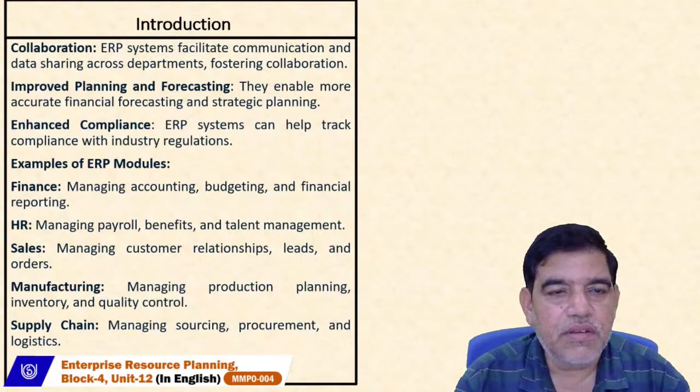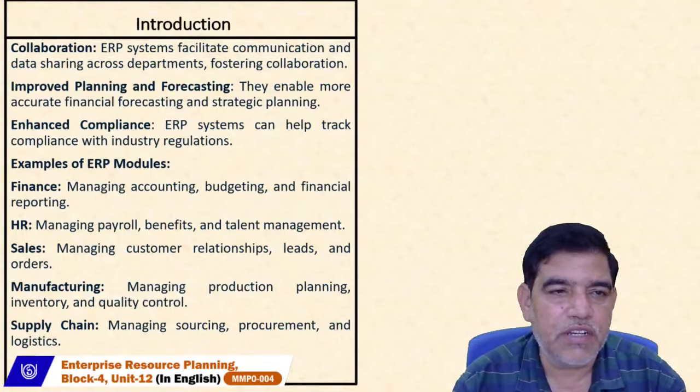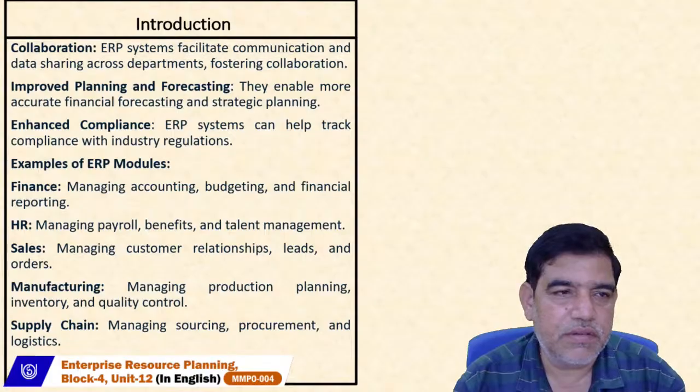That means ERP is not within the boundary. ERP is also utilized outside the boundary of the organization, means a number of stakeholders, means customers, wholesalers, dealers, retailers, vendors are connected with the organizational ERP system.